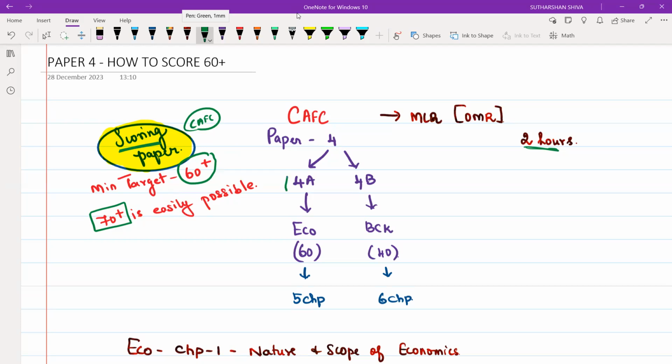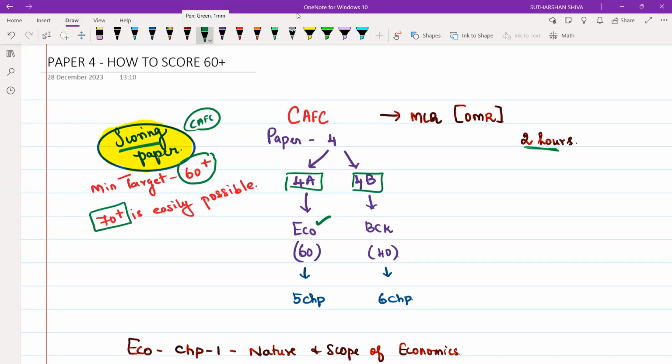So basically, it is divided into two parts, 4A and 4B, guys. Economics will come for 60 marks and BCK will come for 40 marks. It comprises a total of 11 chapters, with a 5:6 ratio.